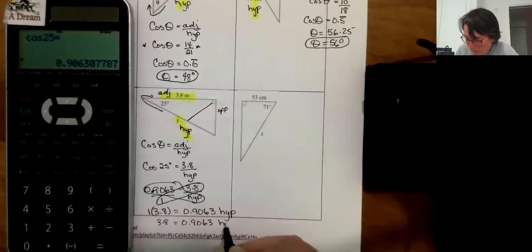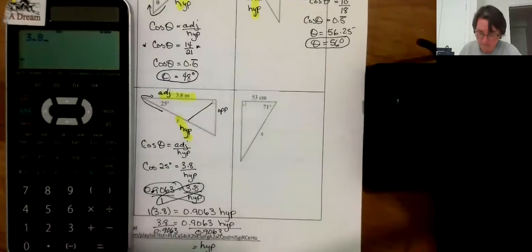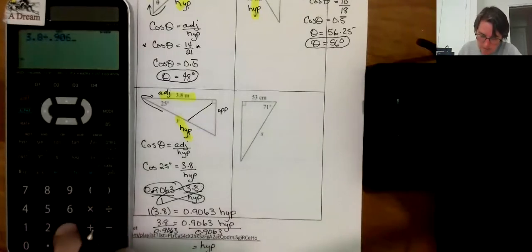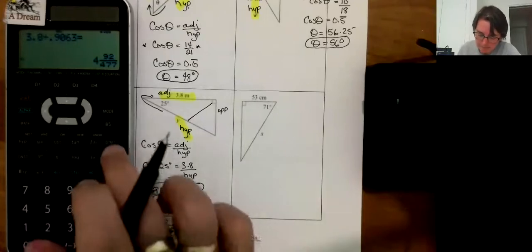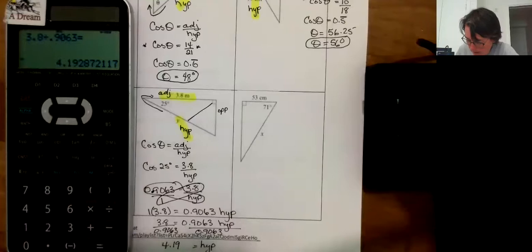0.9063 hypotenuse, divide 0.9063. 3.8 divided by 0.9063. 4.1944 is equal to my hypotenuse.